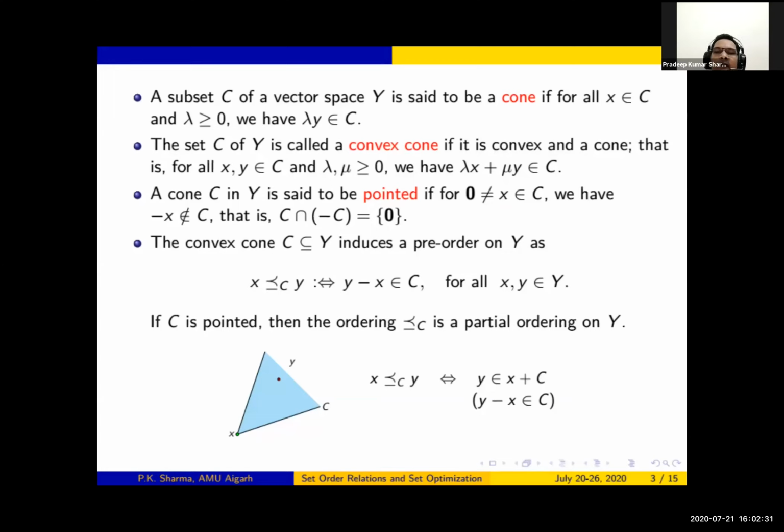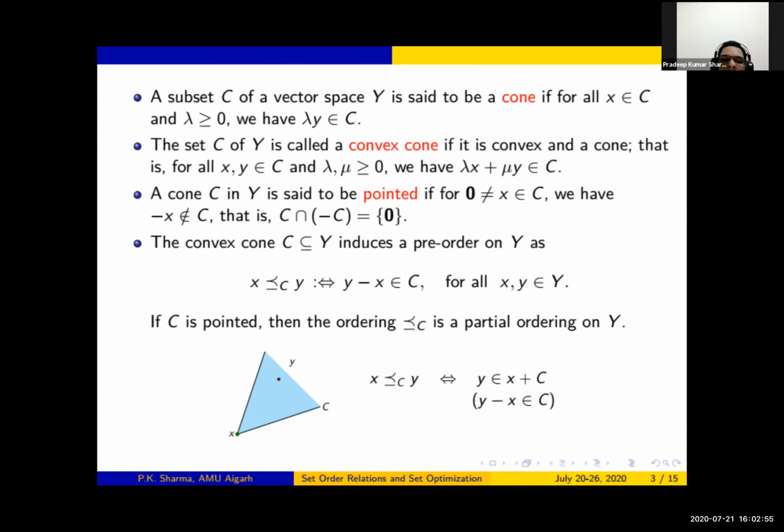Then we will say that C is a convex cone. And the cone is said to be pointed if for any non-zero vector x in C, the negative of that vector is not in C. That is, the intersection of the cone C with its negative should have only the 0 element.